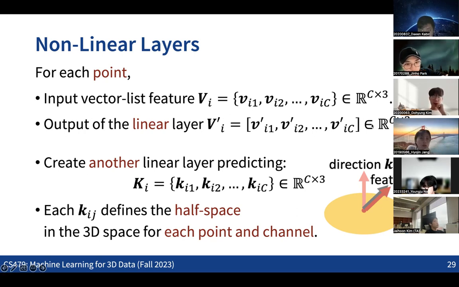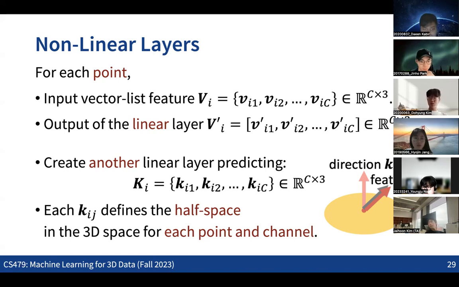But we want to apply this truncation with data dependent half spaces, which are also learned using a rotation equivariant layer. So in that way, we apply another linear layer to learn the half space for each of the points and channels, right? So we make another linear layer, which gives the same form of a set of vectors, but now we treat all the vectors as the normal vectors for the half space, right?